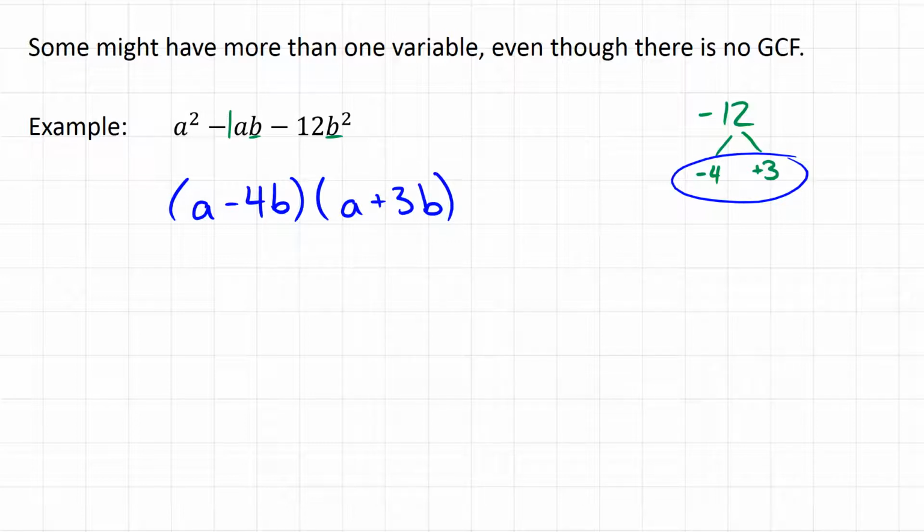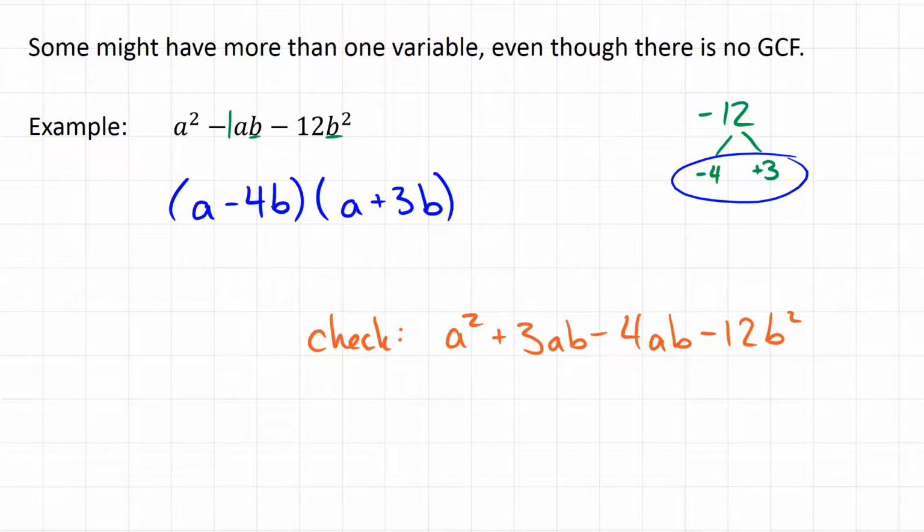And doing this is what gets me the b in the middle term and the b squared on that final term. And I'll FOIL it out just to prove it. So let's check. I'd get first a squared, outside terms plus 3ab, inside terms minus 4ab, and last terms minus 12b squared.